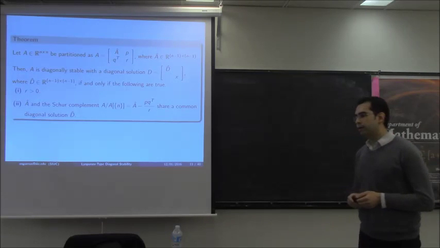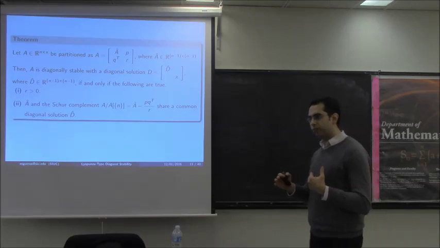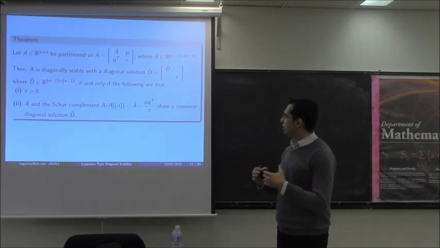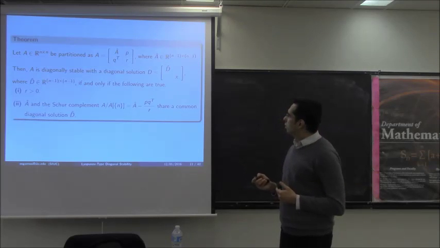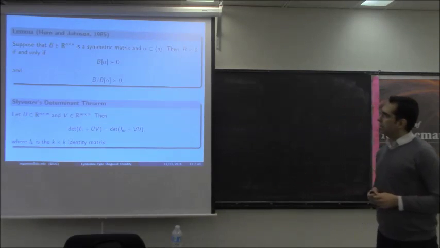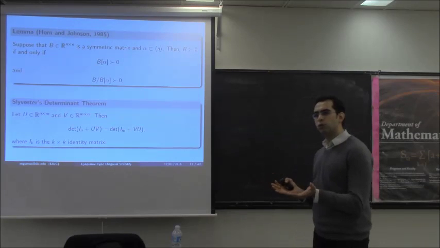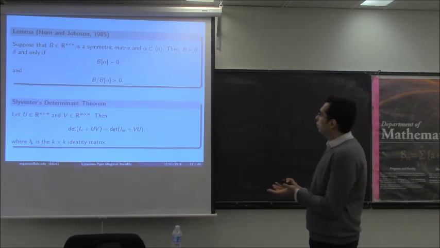Now we give a shorter and purely matrix theoretic proof. Compared to previous proofs, this is shorter and purely matrix theoretic, and this allows many extensions. Now we use two lemmas here. The first one is a procedure to determine the positive definiteness of a matrix.